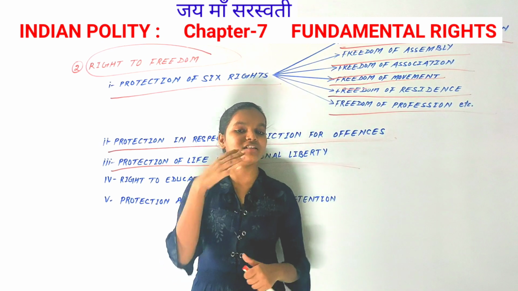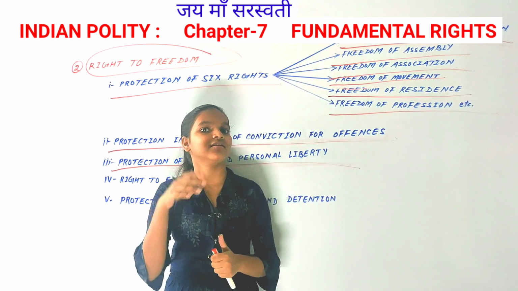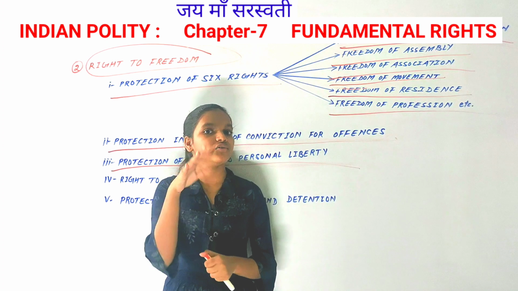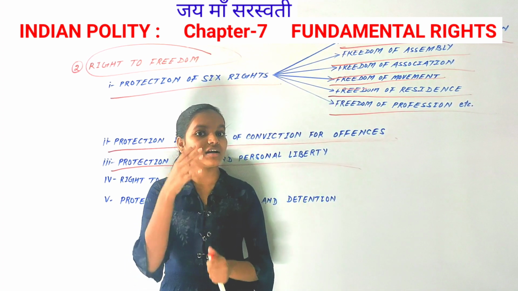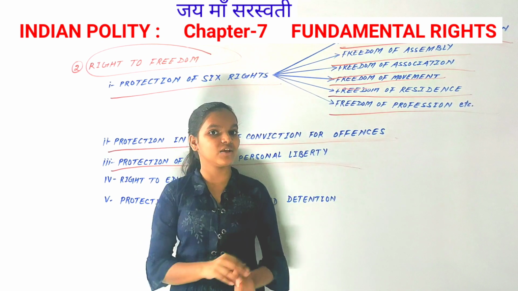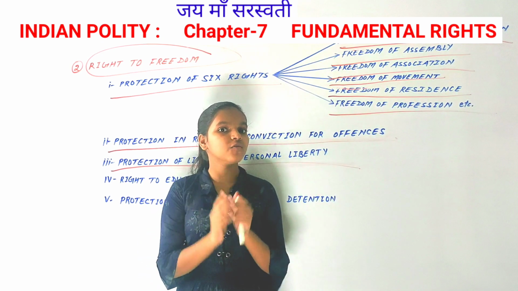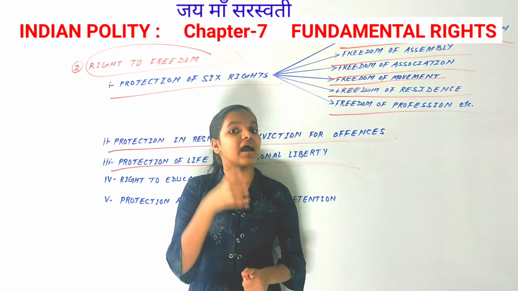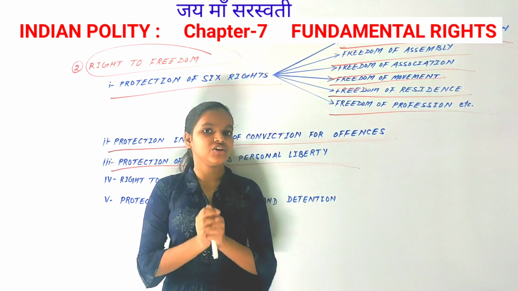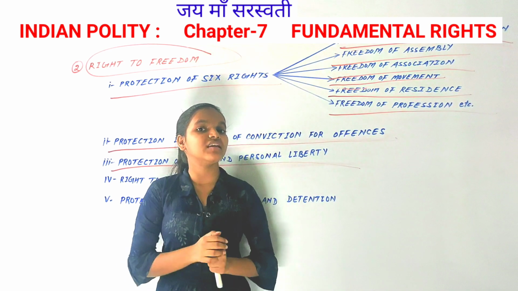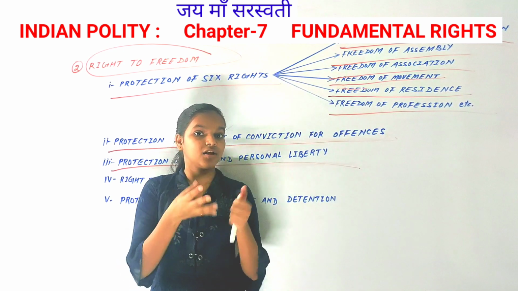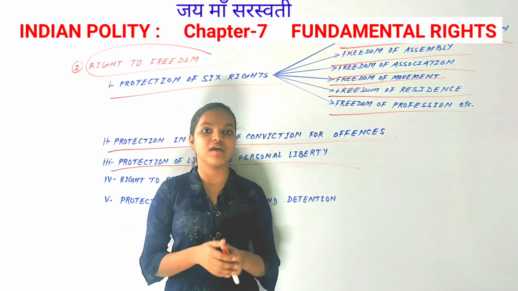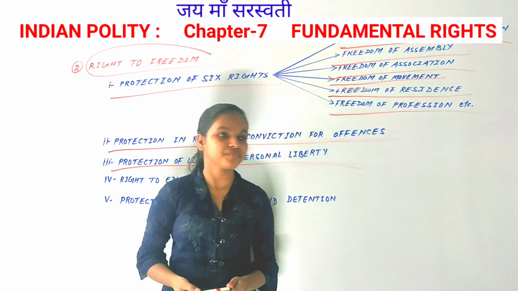If you are not following the procedure for conviction, as in no ex post facto law, no double jeopardy, no self-incrimination, you are hurting that person's personal liberty, and then you violate Article 21 of our Constitution. So Article 20 is protecting our Article 21. Article 21 is very important, and that's why it is being protected.